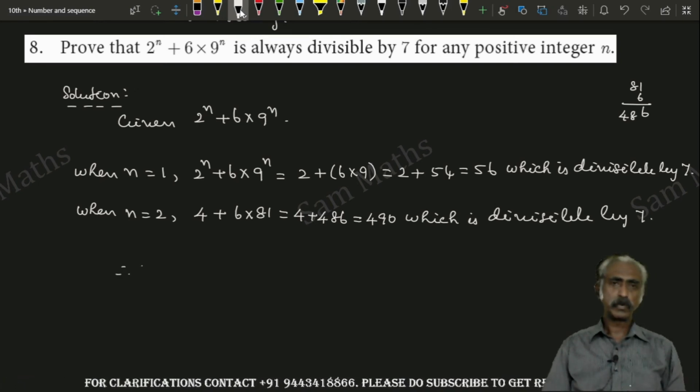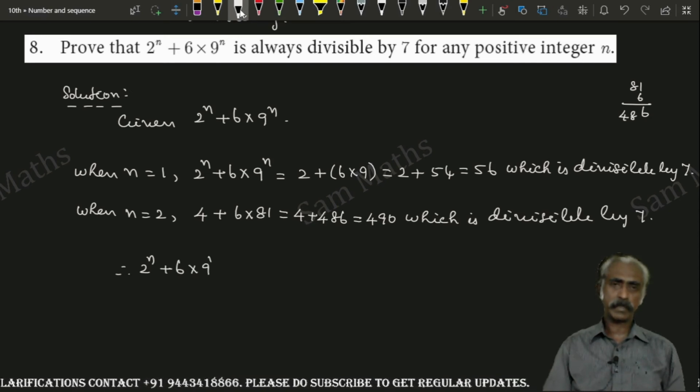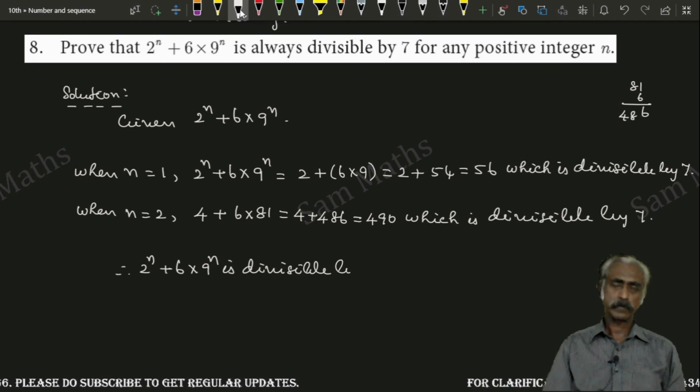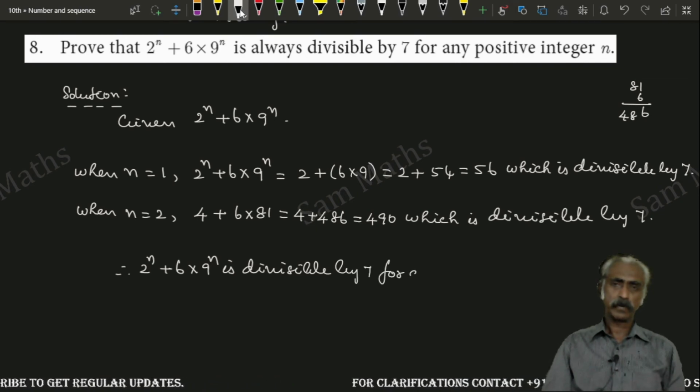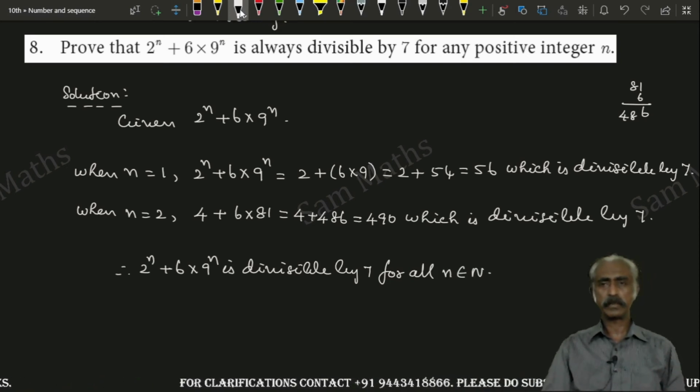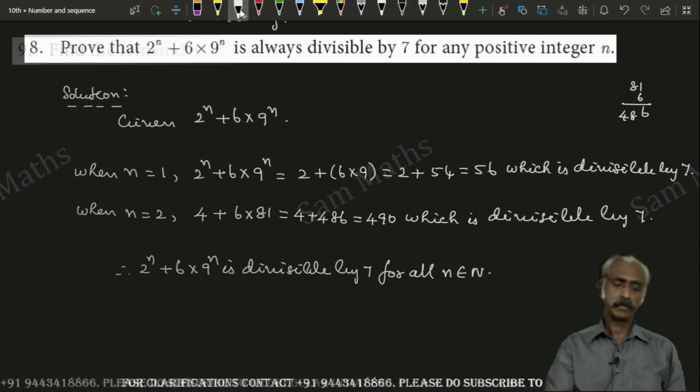Therefore, 2 power n plus 6 into 9 power n is divisible by 7 for all n belongs to capital N, that is set of all natural numbers.